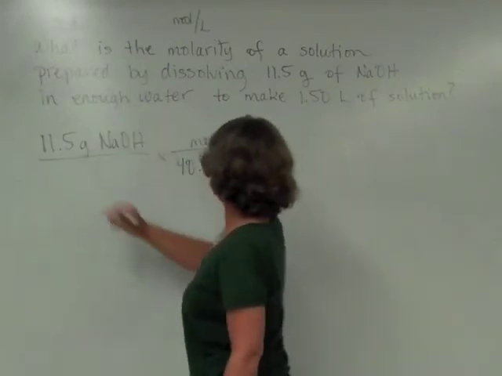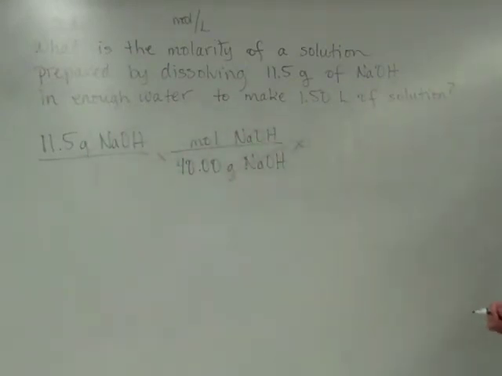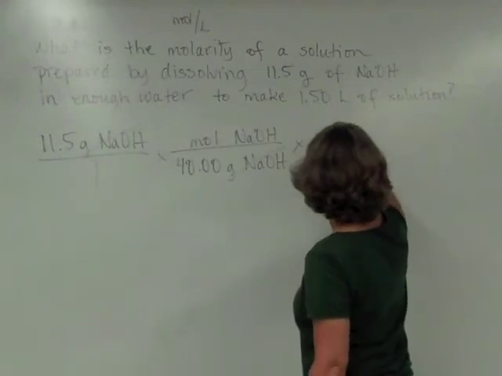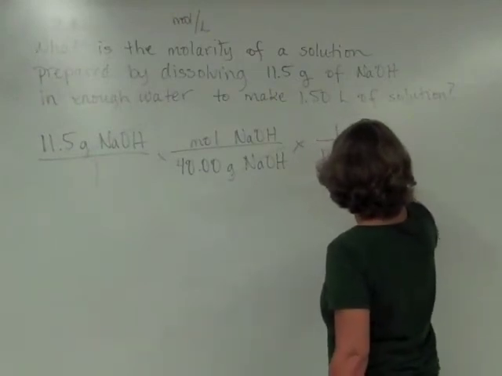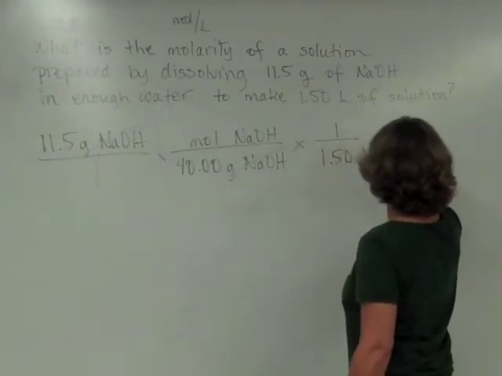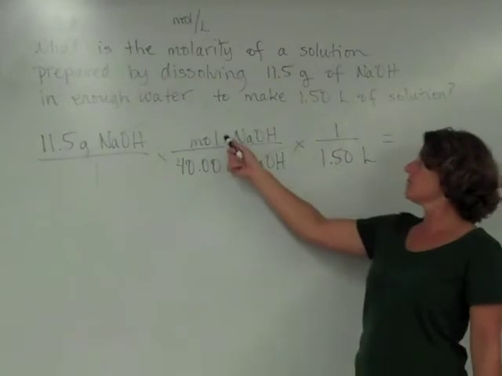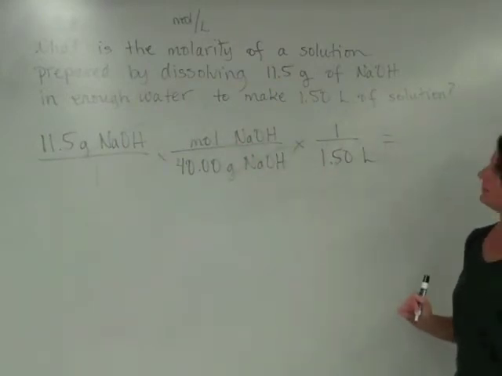Okay, my grams cancel. So great, I've got moles of sodium hydroxide, but molarity is moles per liter. So here are my liters. I'm going to put 1 over 1.50 liters. So now you guys, what are my units? I've got this many moles in 1.5 liters.